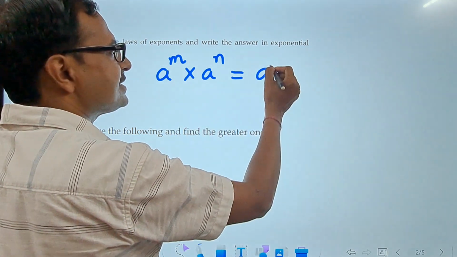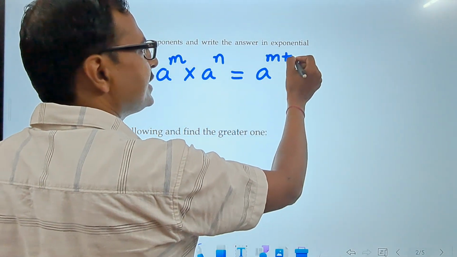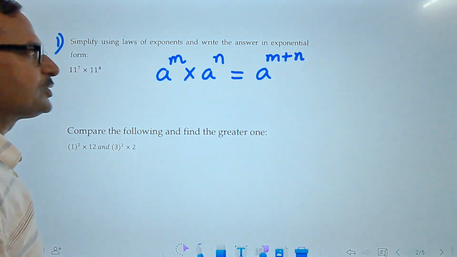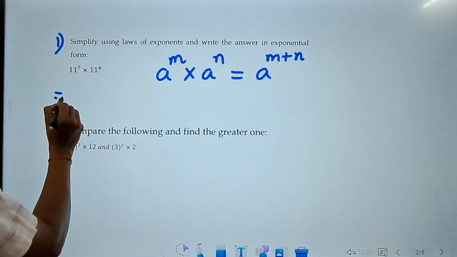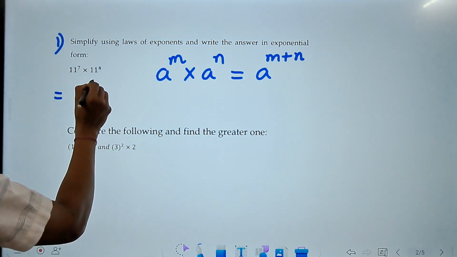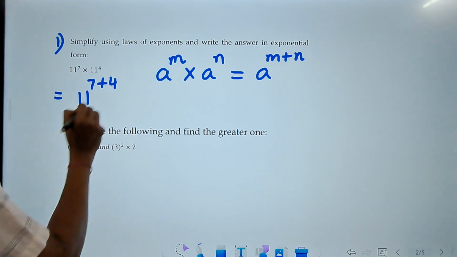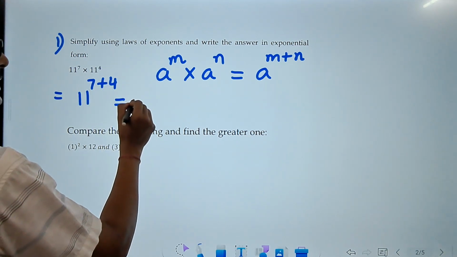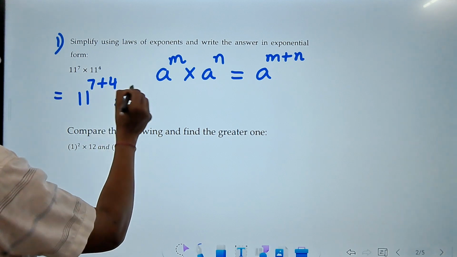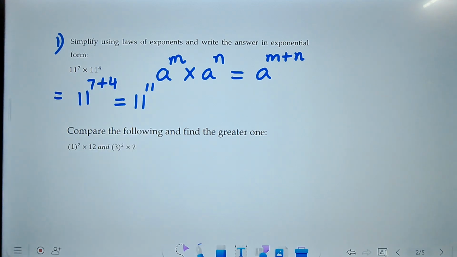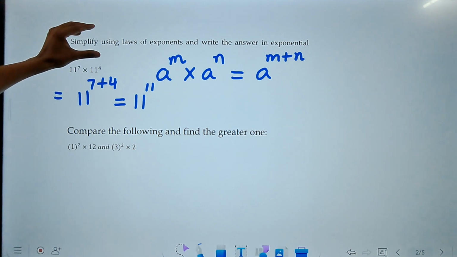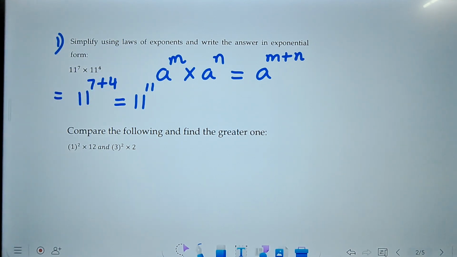The base remains the same and the exponents get added. So this is what I am going to do here. 11, the base remains the same and the exponents 7 and 4, they get added. So you can write it as 11 raised to power 7 plus 4, 11. So this is the exponential form of 11 raised to power 7 times 11 raised to power 4.